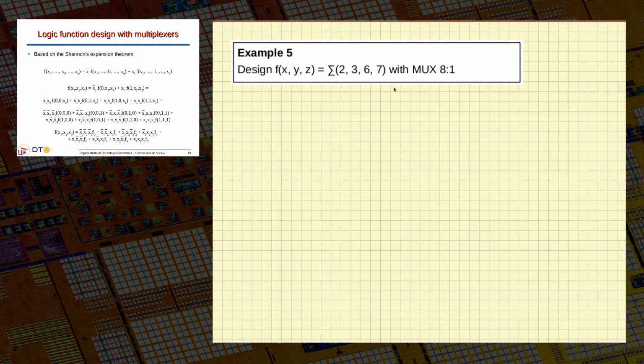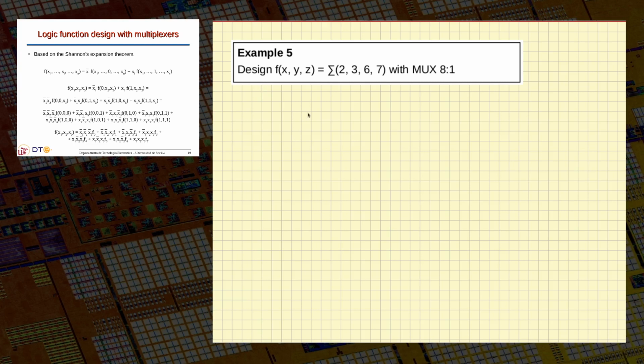Maybe just one multiplexer, like in this simple example, or combining various multiplexers, as we will see in examples later. So, in this sense, multiplexers are one of the most useful devices in combinational circuit design.